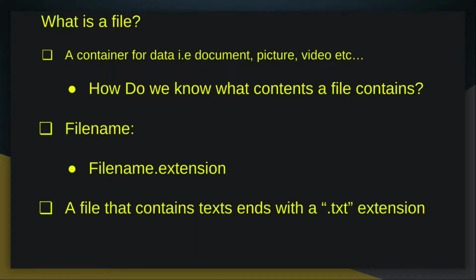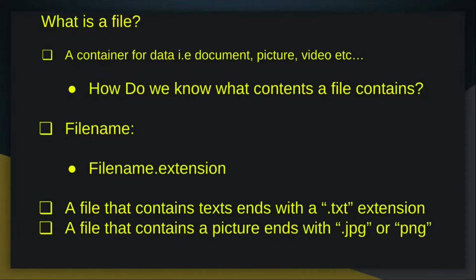So a file that contains text ends with a .txt extension, right? That's one. And then a file that contains a picture ends with a .jpg extension or png, or it may have a different extension, right?